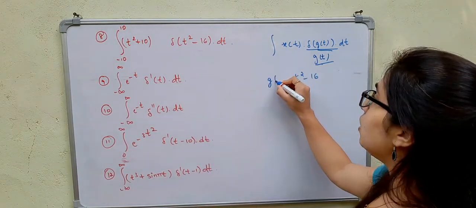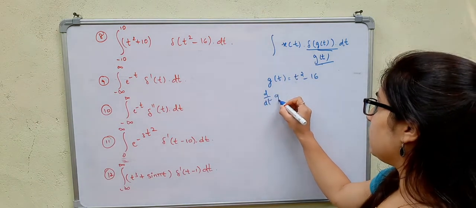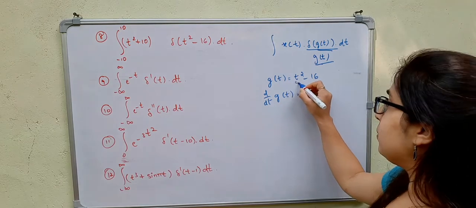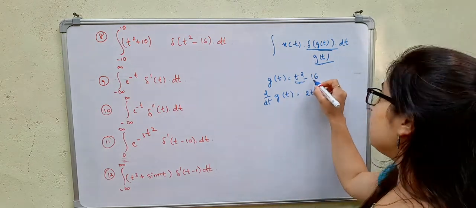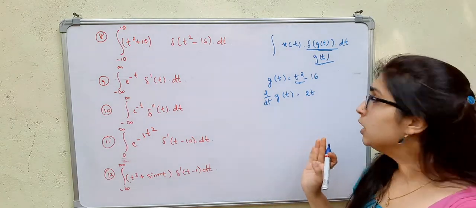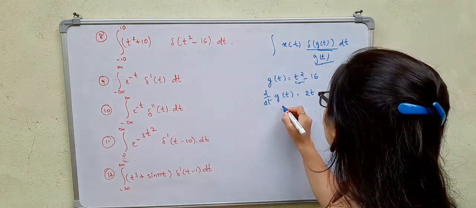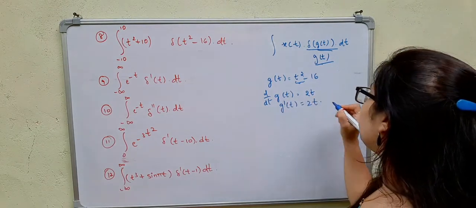Now I will differentiate it with respect to t. Differentiation of t square will be 2t. 16 is a constant, so the differentiation of that will be equal to 0. So this is your g dash t, that will be equal to 2t.